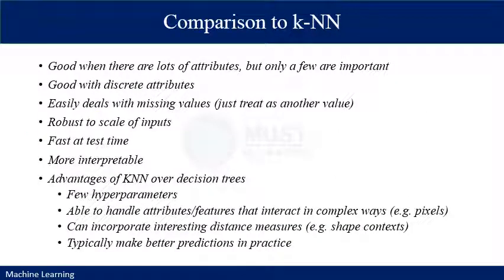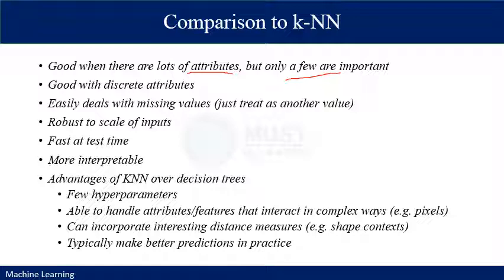When you compare decision trees to KNN, there are several positives. However, there are a few limitations as well. For starters, decision trees are very good to use when there are lots of attributes, but only a few of those are important. Decision trees are also better with discrete attributes than KNN.